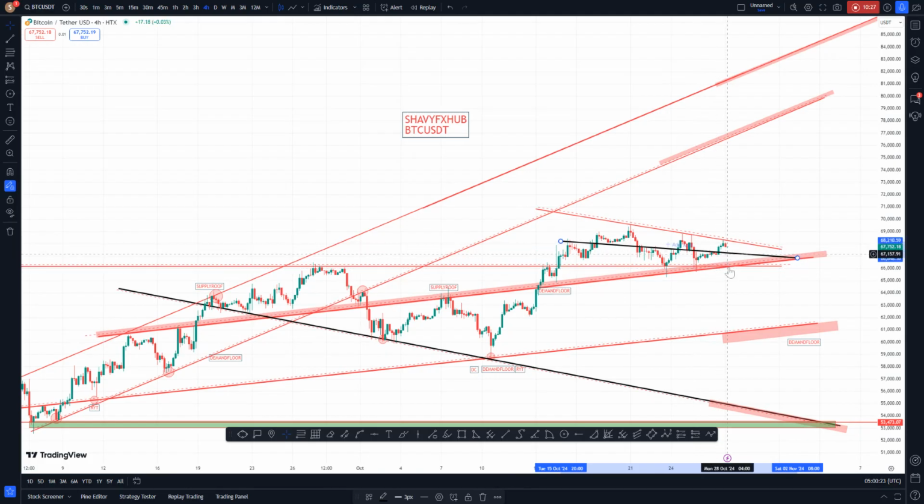So if price comes back here, I think it might give the impulse. A push back into here might be a liberation time to go high.